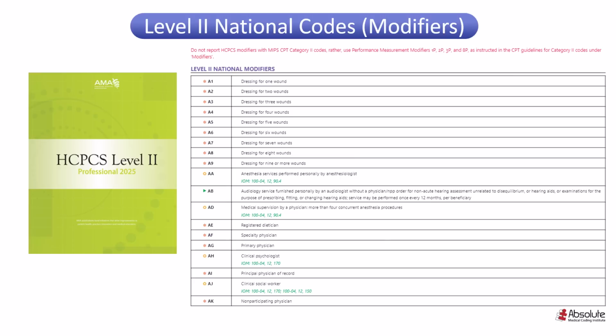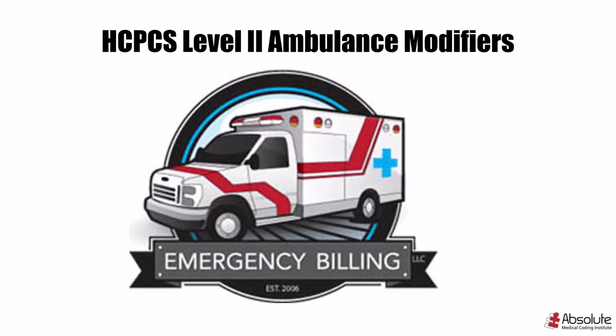Now, I want to switch gears and talk about ambulance modifiers. So, medical transportation. So basically, they are listed under HCPCS Level 2, and these medical transportation modifiers have more nuances than traditional modifiers, so I want to go ahead and discuss them.